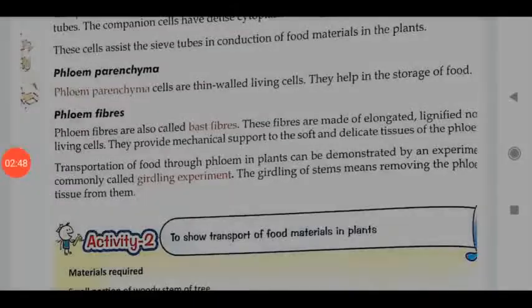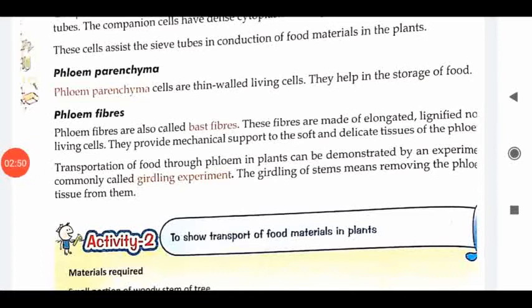Now the fourth one is our phloem fiber. Phloem fibers are also called bast fiber, and they are non-living. First thing you have to remember is that earlier we studied that phloem elements are either living or non-living. In this part, the phloem fiber is in the non-living condition.